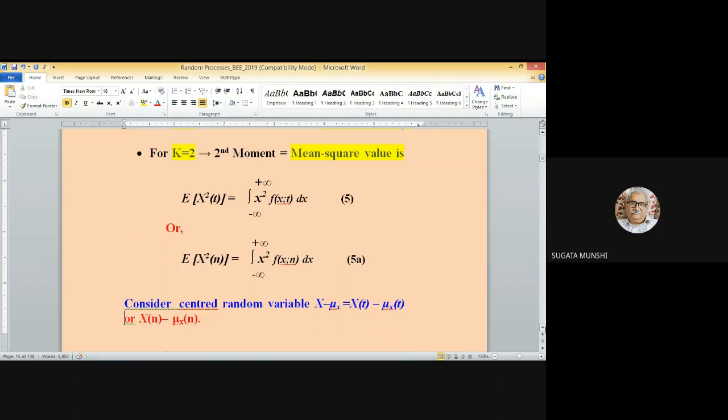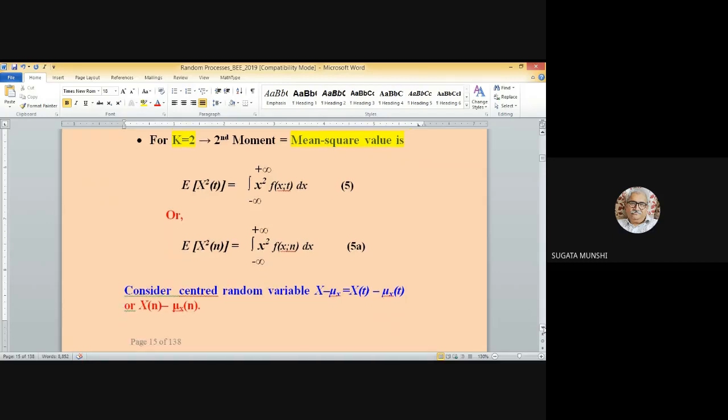So the centered random variable is being considered here.